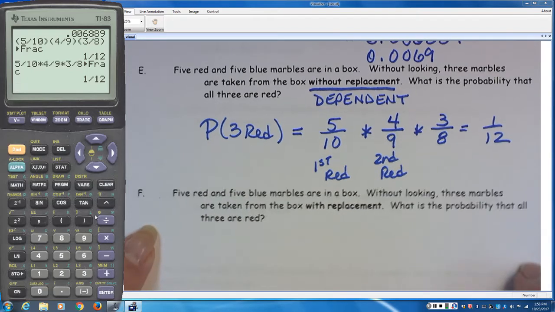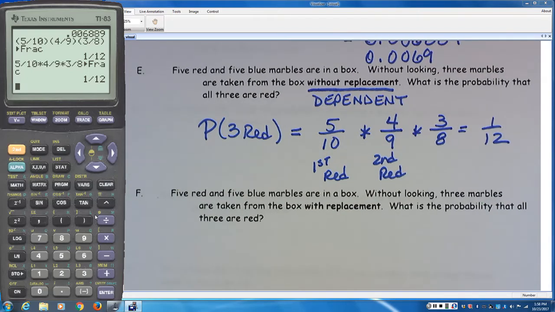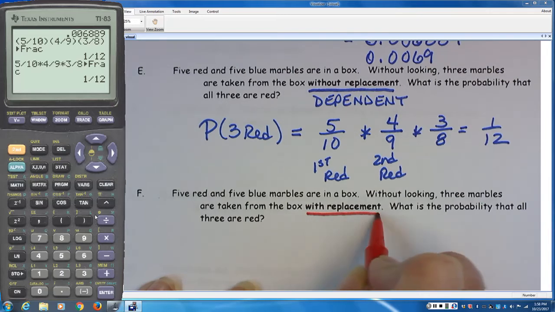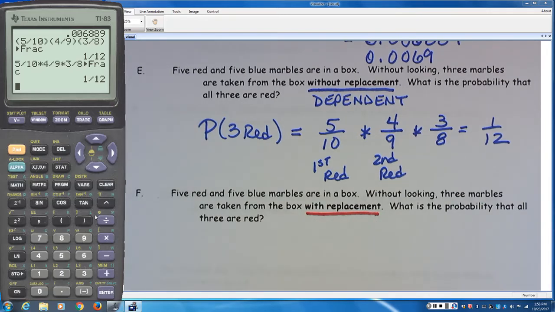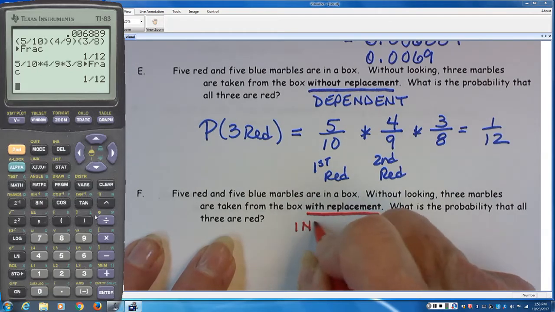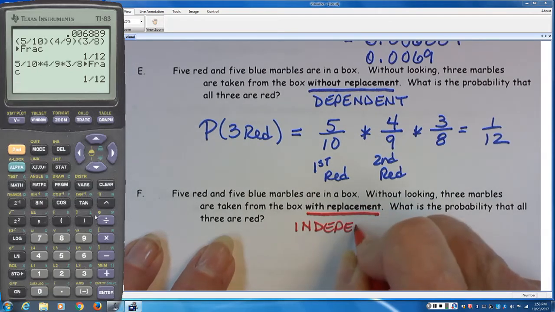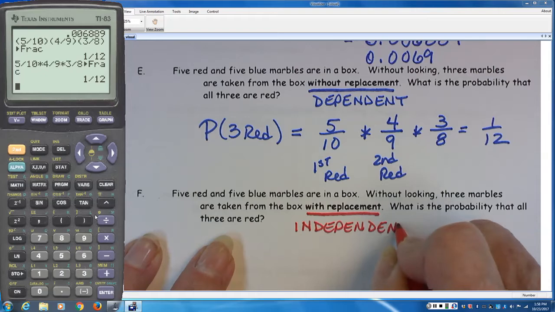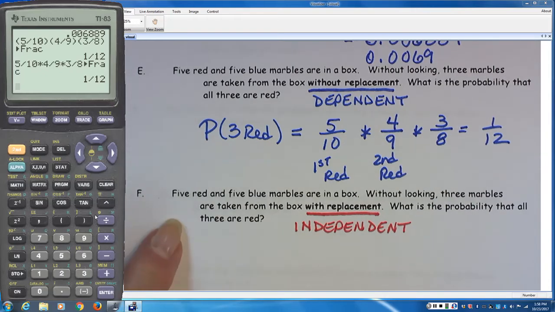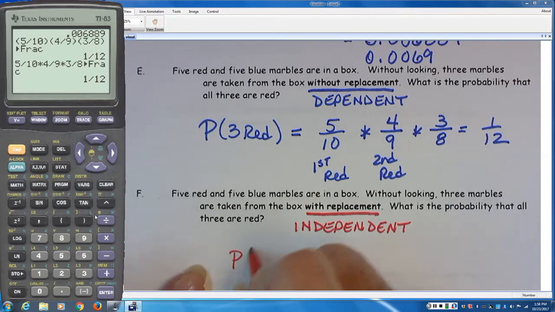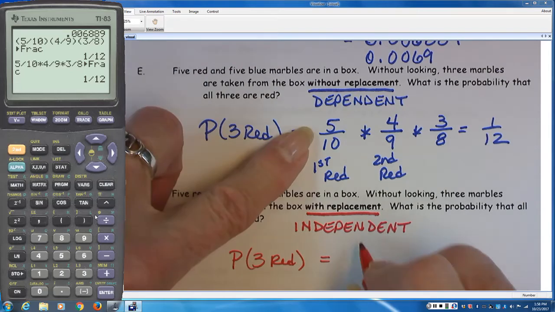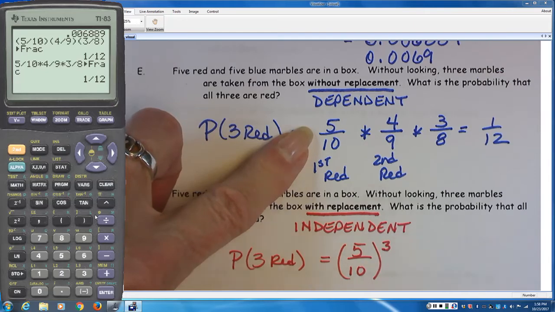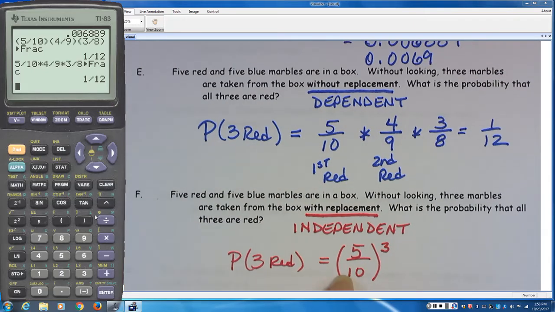Okay, same problem. With replacement, what changed? They became independent. Which means then that the probability of 3 red is going to be 5 over 10 times itself 3 times. 5 over 10 times 5 over 10 times 5 over 10.